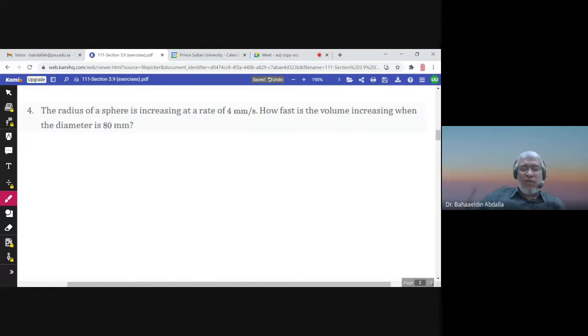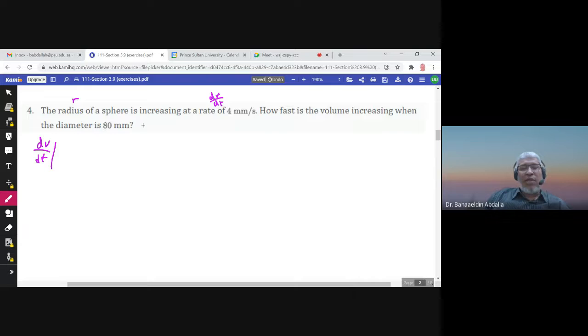The radius of a sphere is increasing. If we call the radius of the sphere r, then dr by dt is 4 millimeter per second. How fast is the volume increasing? So he needs dV by dt when the diameter is 80.